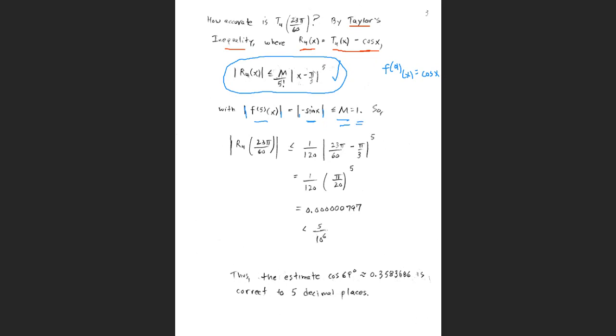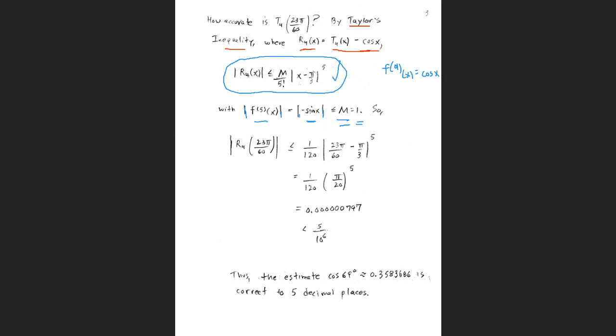This works differently than the previous example, where we used Taylor's inequality. We looked at the absolute value of the third derivative and saw that it was a decreasing function, and that told us how to pick our M value.